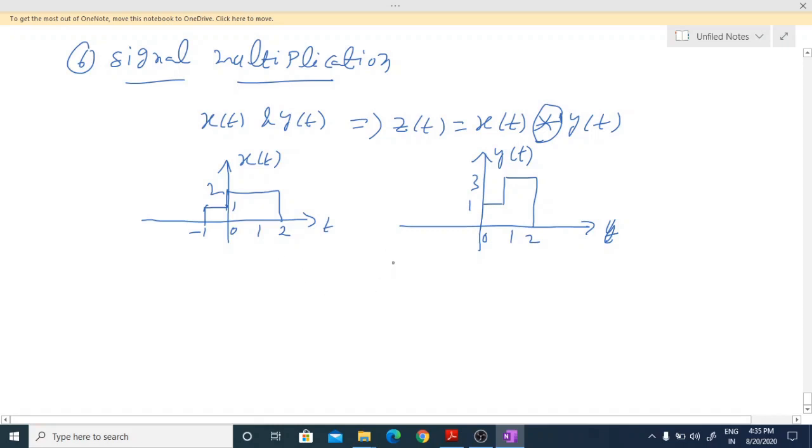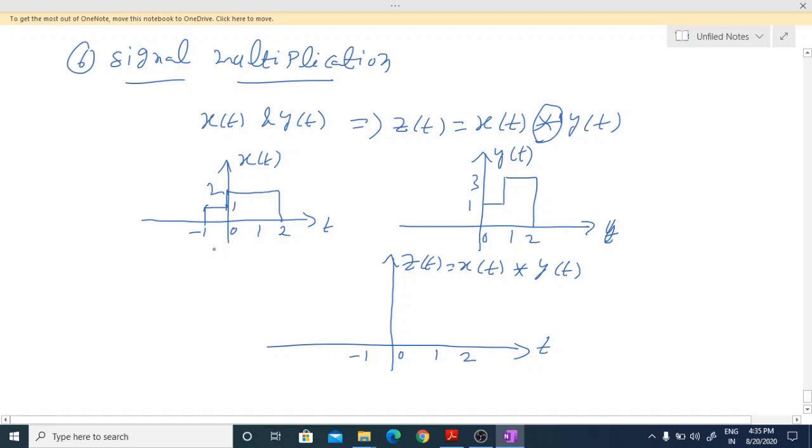Now if you want to multiply these two signals, the multiplication is z of t equals x of t multiplied by y of t. Now what are the t values? The t values I have to consider are -1, 0, 1, 2.